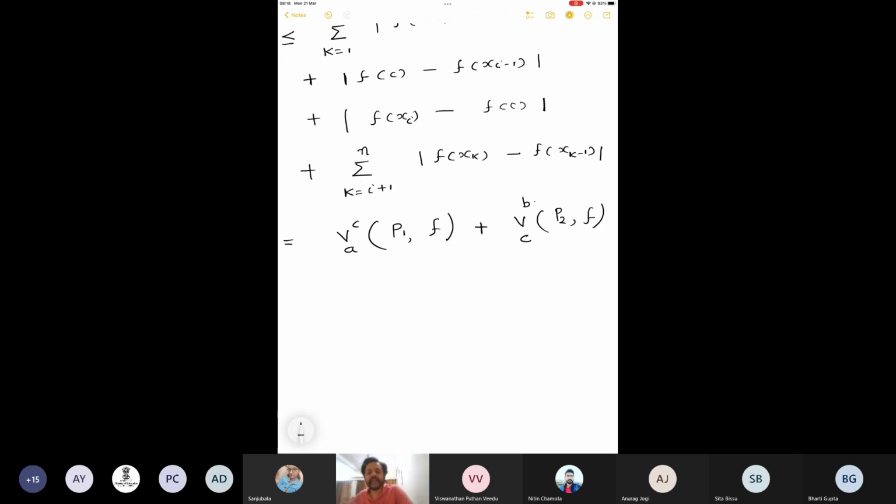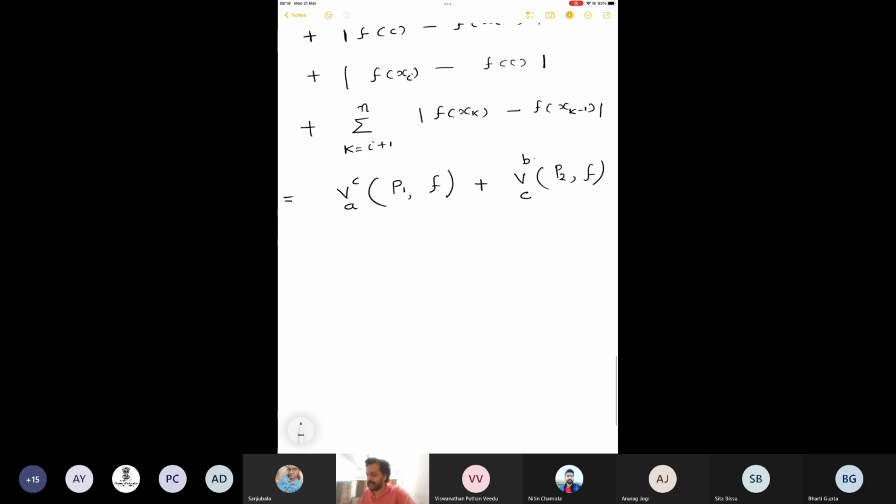But variation corresponding to a particular partition is less than or equal to total variation. So this is less than or equal to total variation of f over the interval AC plus total variation of f over the interval CB. So far so good.